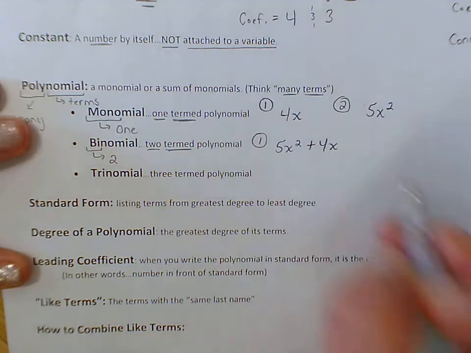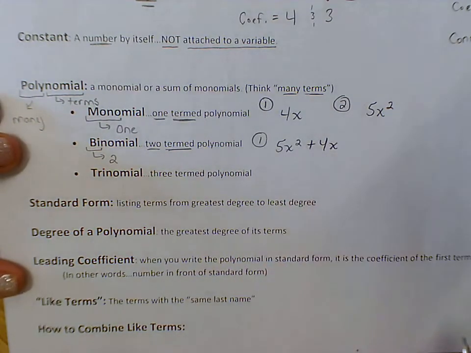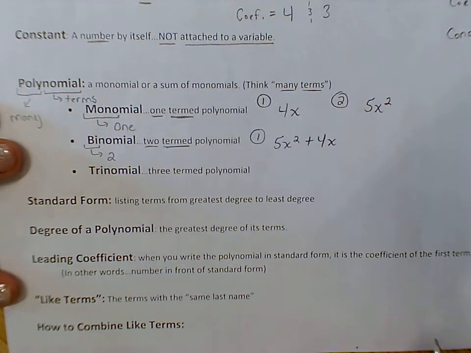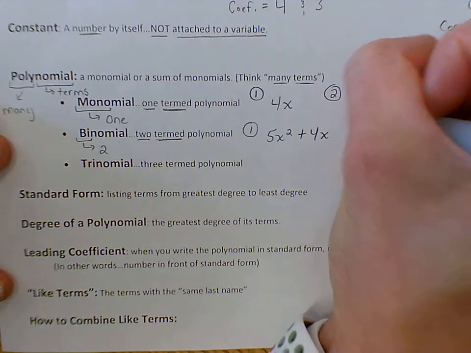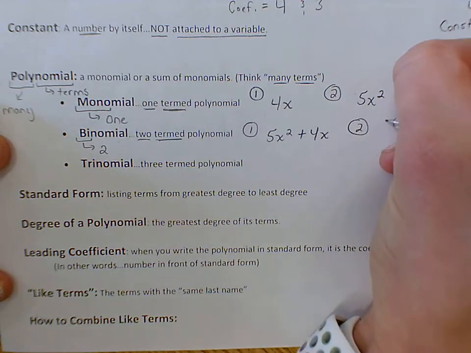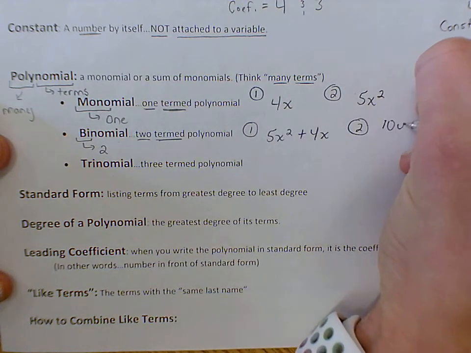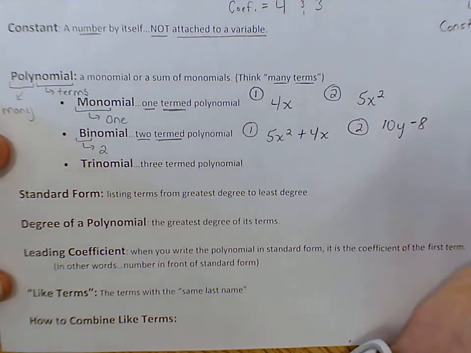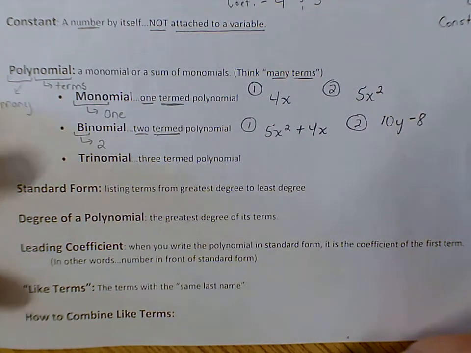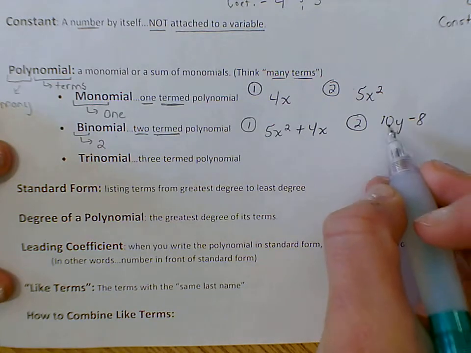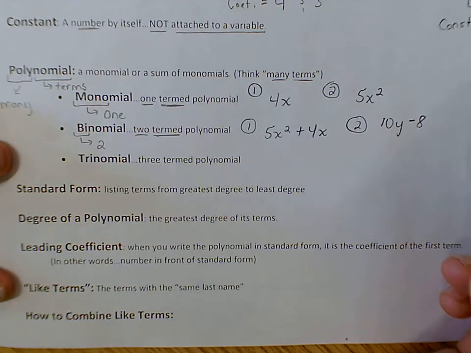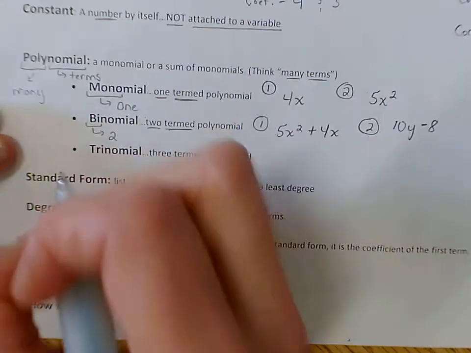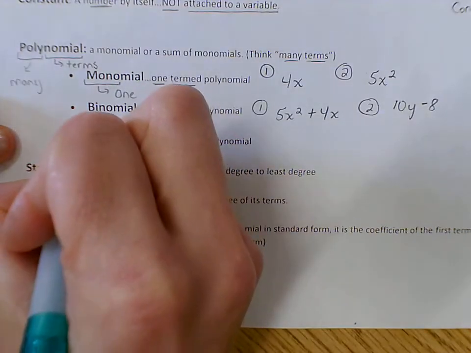If I put them as one thing and put a plus or minus between them, that is now a binomial. Okay, another example, what if we had something like 10y minus 8? That is what's called a binomial, because you have the 10y and then you have the negative 8. That's two terms.